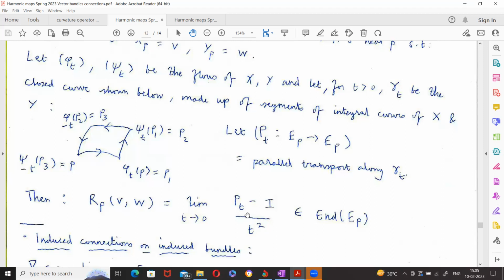Limit T tends to 0. Okay, so this is a limit of endomorphisms. So this is an endomorphism of the fiber. Okay. So is the statement clear? Yeah, it's clear.